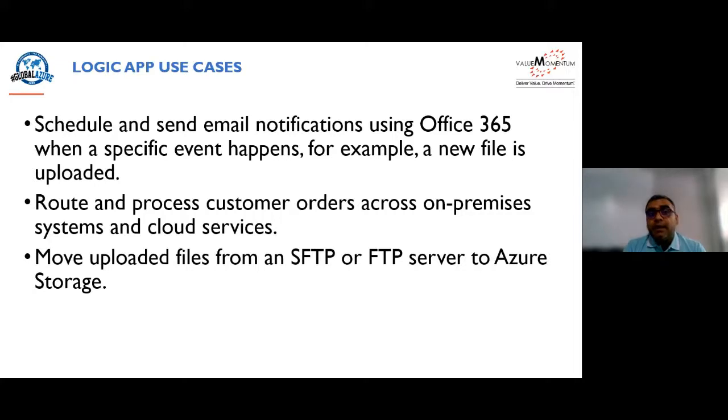The second example is, let's say you're working in an e-commerce scenario where you have to process customer orders. You can write different components, or club those in a way that you're able to route those orders to different systems, whether on-prem or on cloud. So you use cloud components and services to route certain kinds of orders.